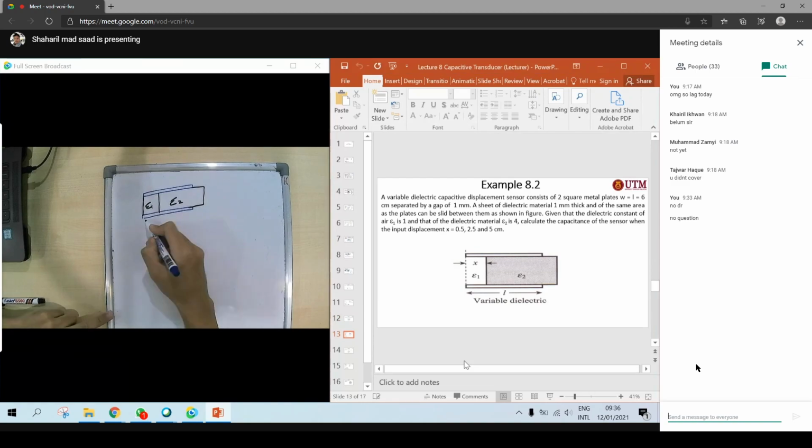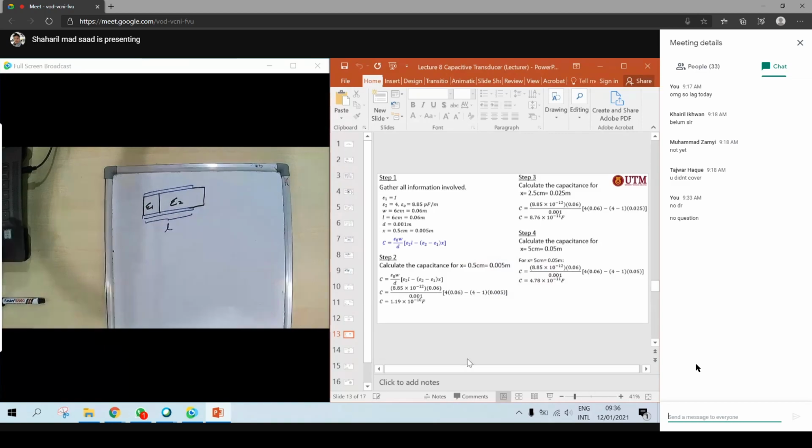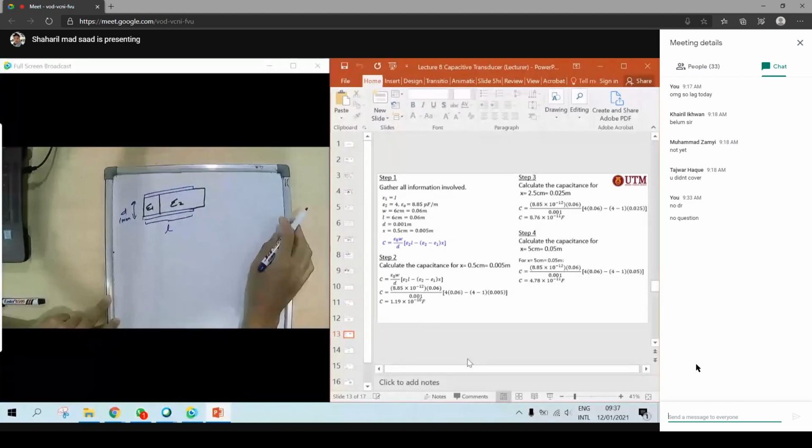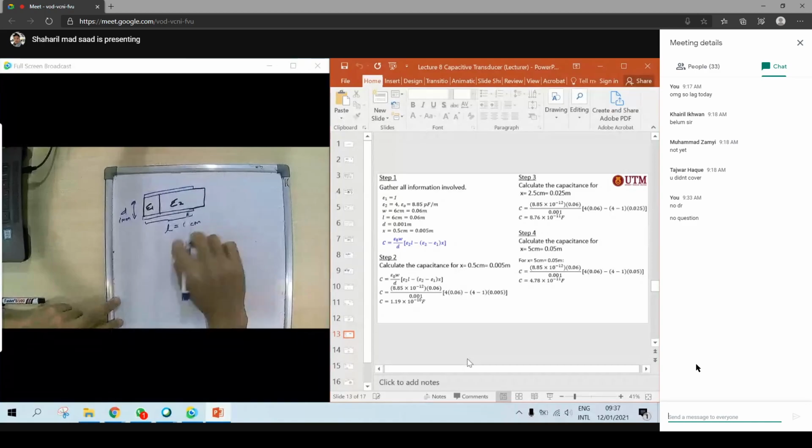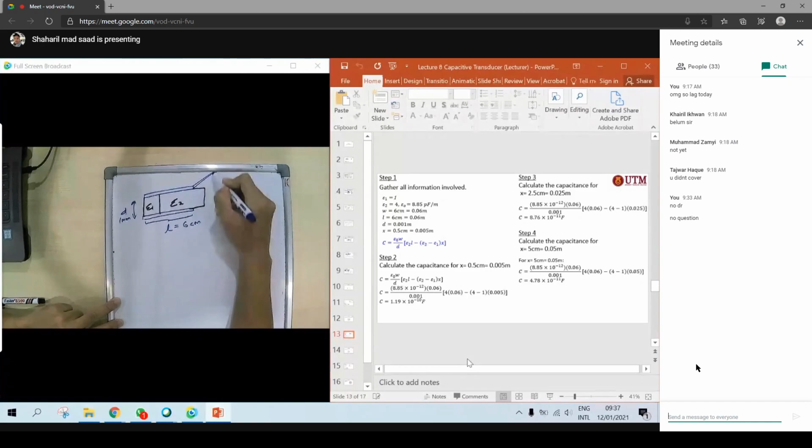The distance between the plates is this 1 mm here, and L equal to 6 cm, and W is here equal to 6 cm also.